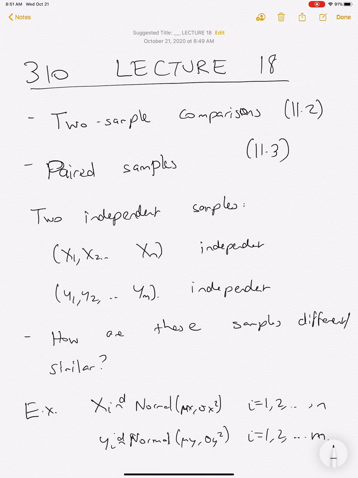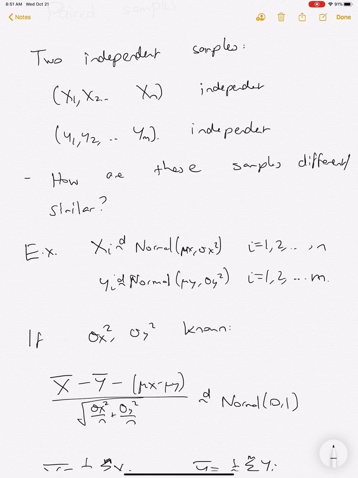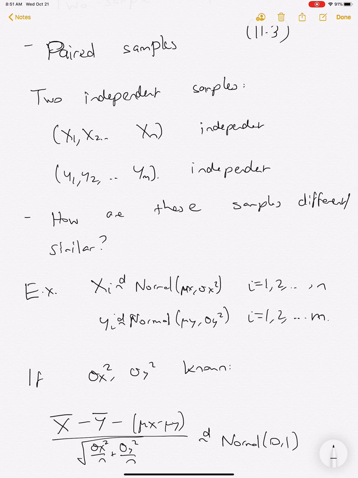The setup is you have x1 through xn, and then y1 through ym. They're independent samples, and you could think about many scenarios that I spoke about in the previous lecture. For example, data from two different states, so two different populations, maybe California and New York. Or a scientific experiment with a control group and a treatment group.